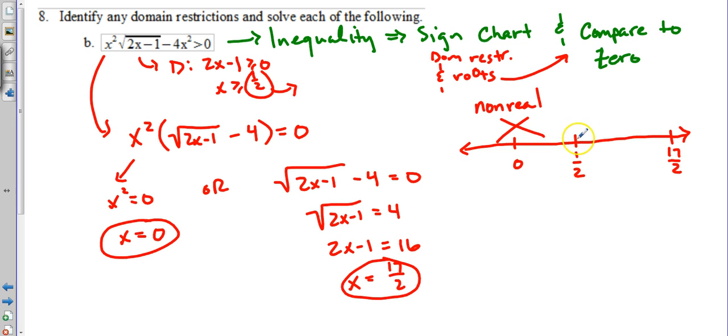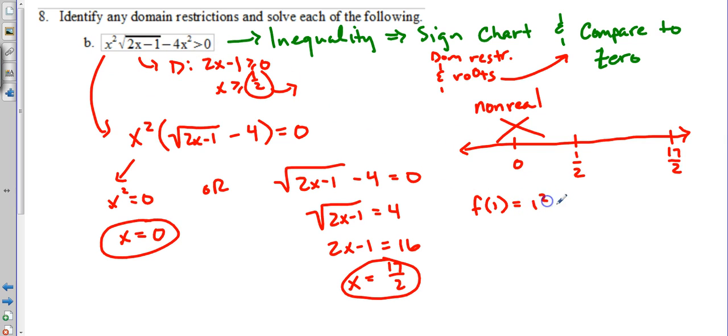So this is strictly greater than, so our solution is not going to be on the axis, it's going to be above 1/2. So we've got to look in this interval, and we need a number to plug in for this interval. Well, 1 is the easiest one there, so for f of 1, we plug 1 into our equation.